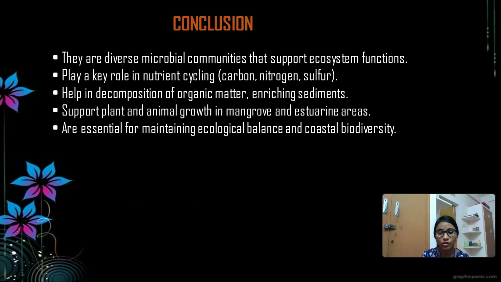So the conclusion of this whole session is that there are diverse microbial communities that support ecosystem functions, play a crucial role in the nutrient cycle, help in decomposition of organic matter and enriching sediments, support plant and animal growth in mangroves and estuarine areas, and also maintain ecological balance and coastal biodiversity.